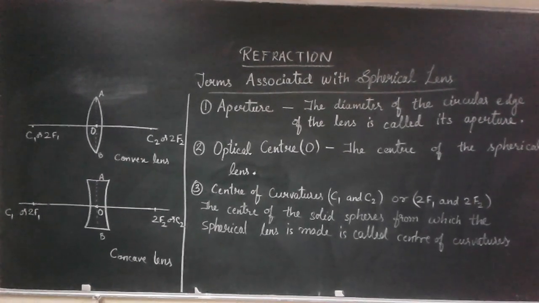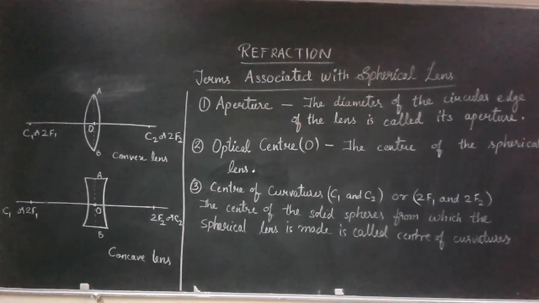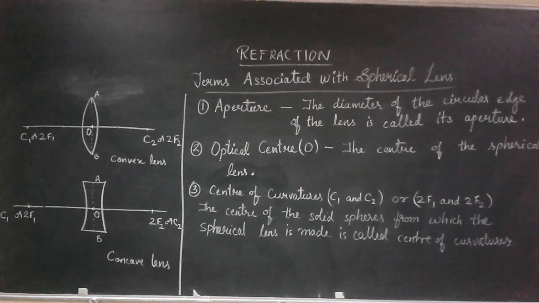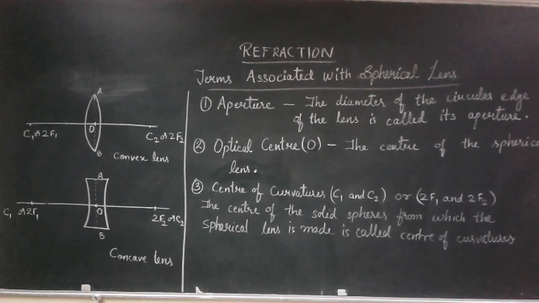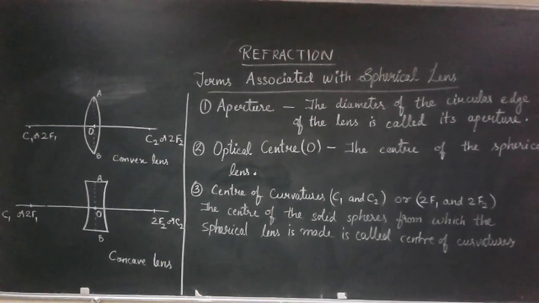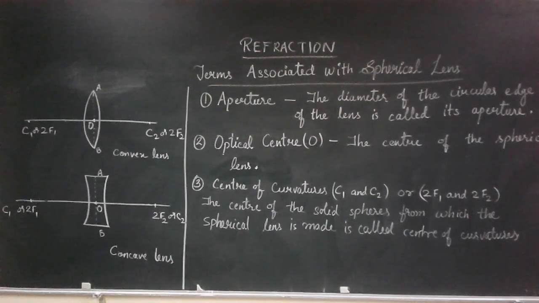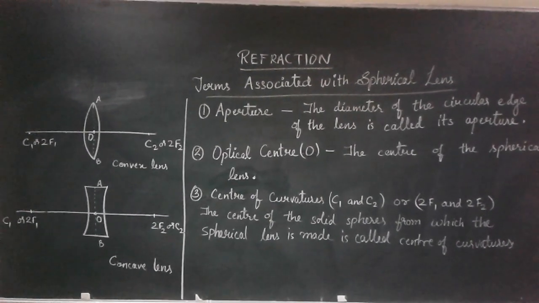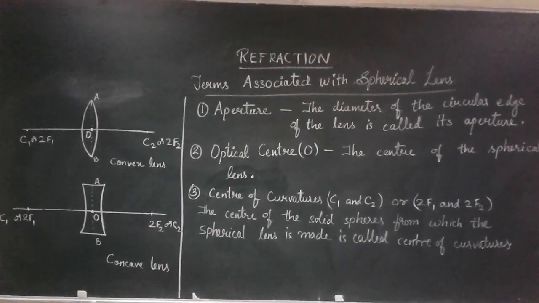Representation can be given with C1 with the letter C, or it can also be denoted by 2F, because the center of curvature, as we have read in the mirror, this distance is twice the distance of the focal length. So, we can write it as 2F1 or 2F2 or C1 and C2.